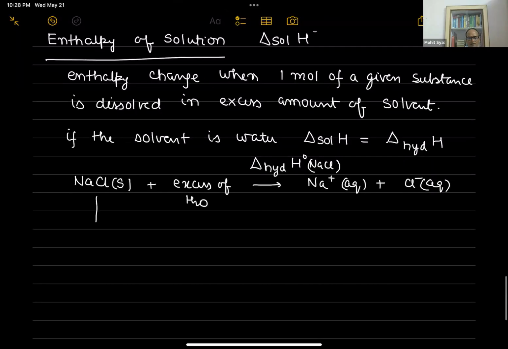For NaCl, first you give some lattice enthalpy, which breaks it into Na plus and Cl minus.